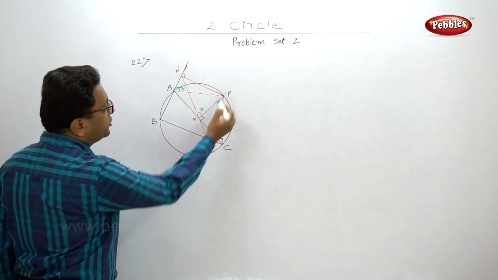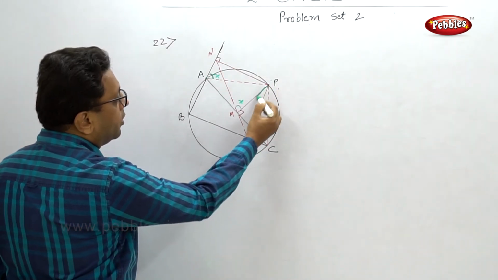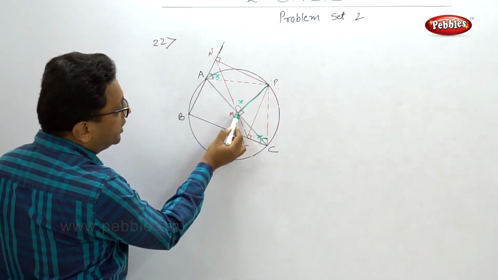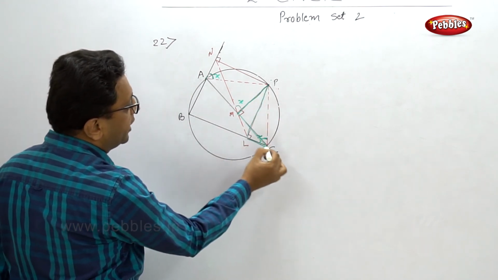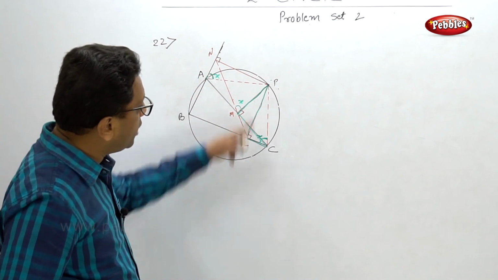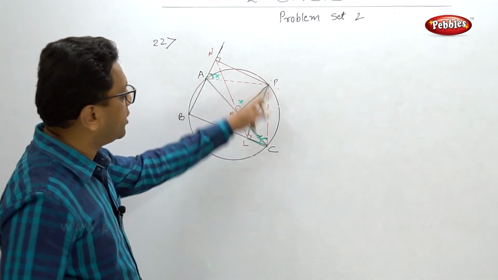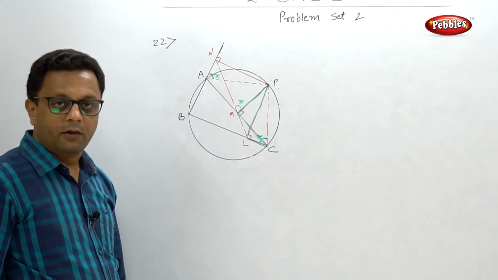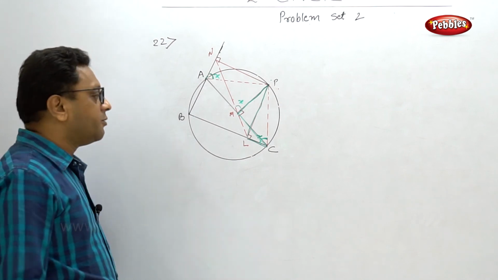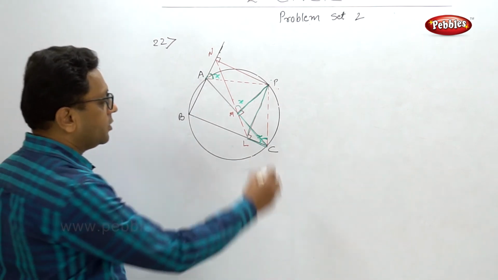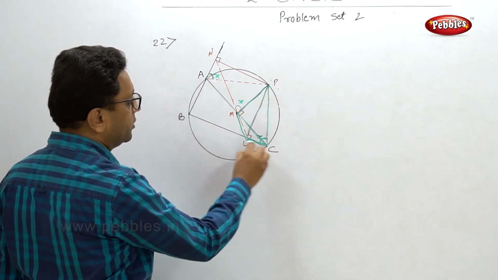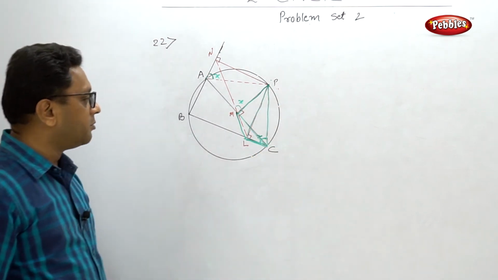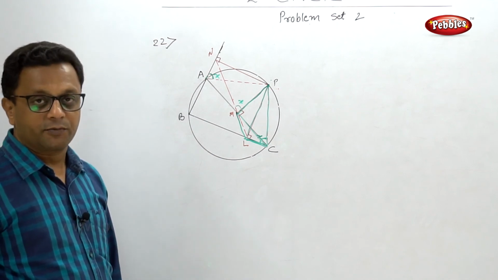This angle 90 is given. PMC, this angle 90 is given, and this also angle 90 is given. But both of these angles are in the same arc. Correct? And those are given as 90, and hence this quadrilateral has become a cyclic quadrilateral now.